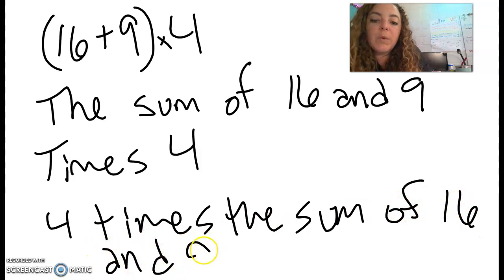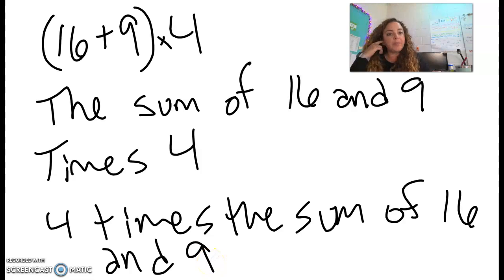So there's multiple ways to write things. You'll see that as you get going on this, that there's different ways that we can think through these and write them out.